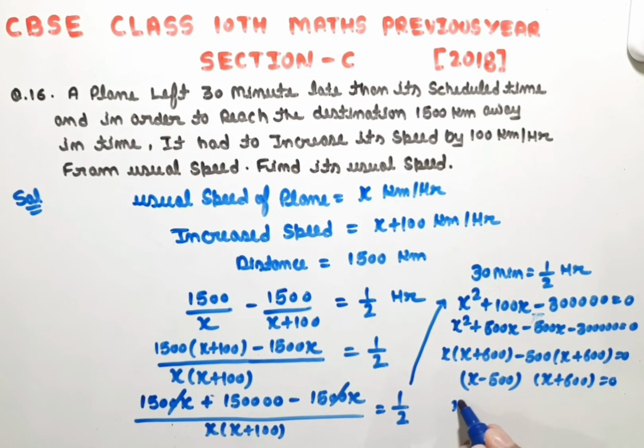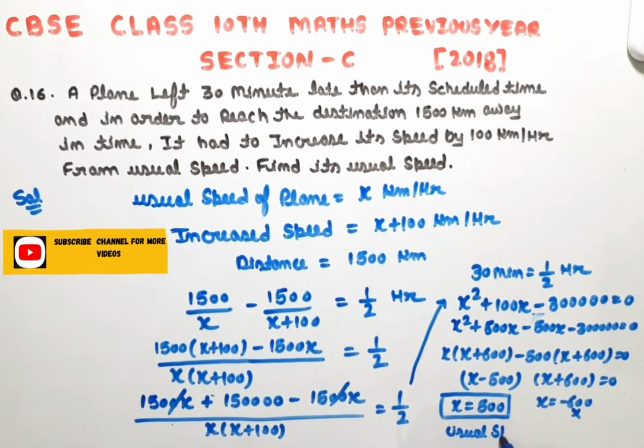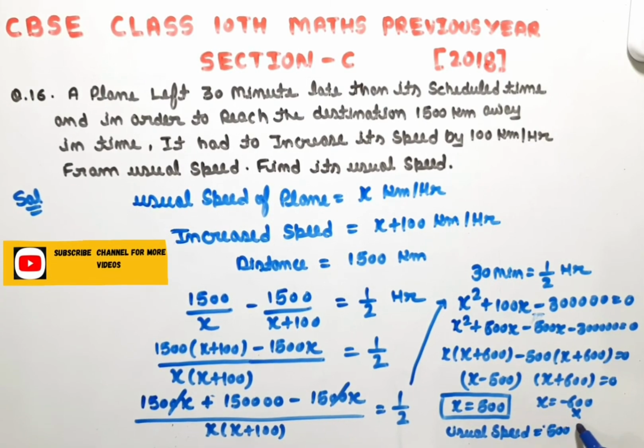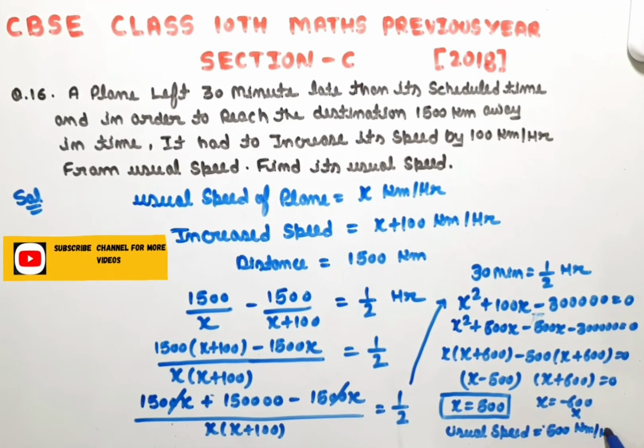So from here, the value of x will be 500 and minus 600. So speed cannot be negative. So x will be 500. So our usual speed will be 500 kilometers per hour.